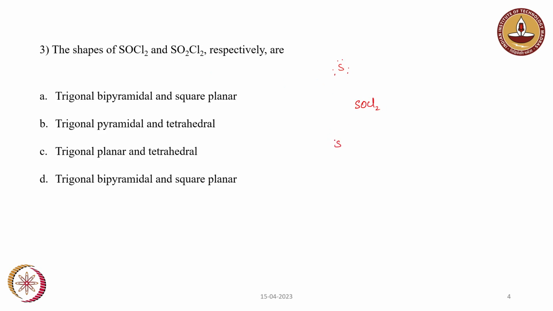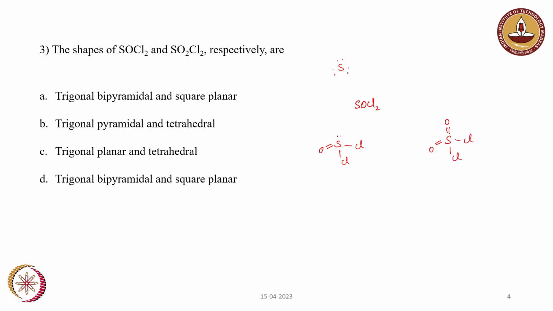In SOCl2, S double bond O, Cl, and 1 lone pair will be present, and in SO2Cl2 it will be S double bond O, Cl and Cl.